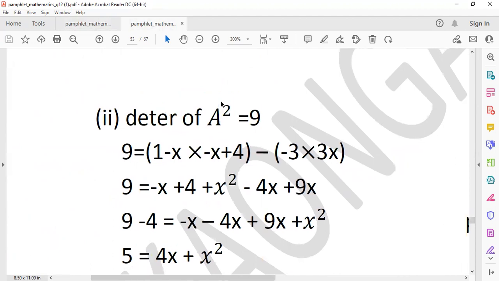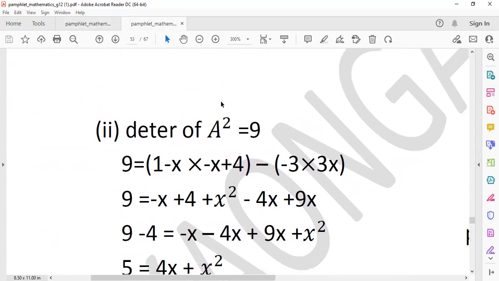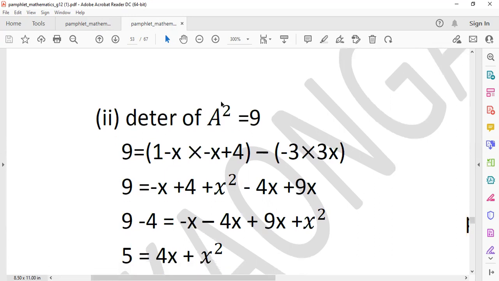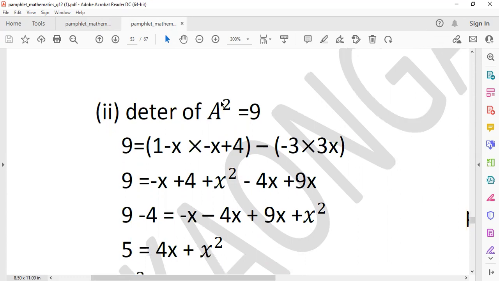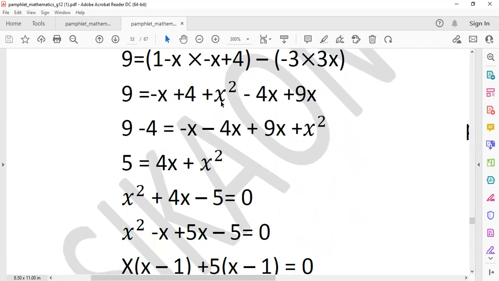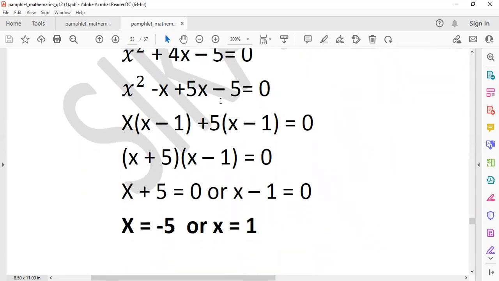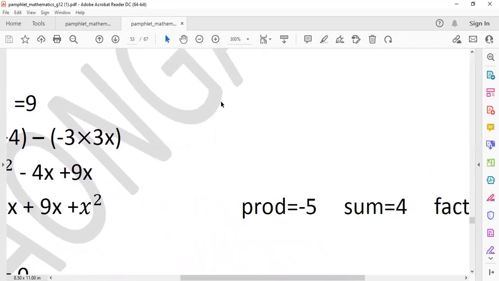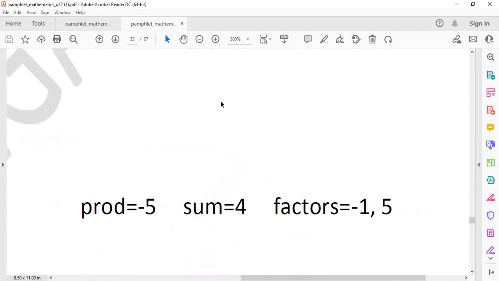So it's very simple. We know our determinant is equal to the product of the major diagonal minus the product of the minor diagonal.